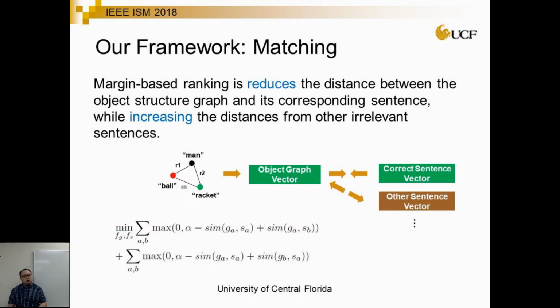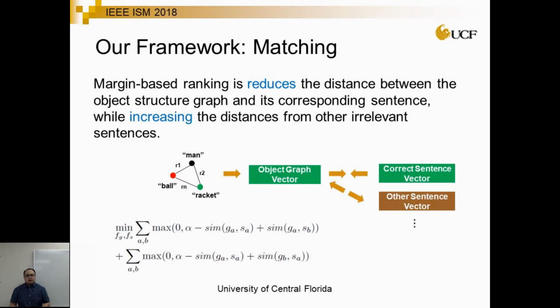For the matching process, we apply the marginal-based ranking loss, which is widely used to match samples from different domains. The motivation is that the matching tries to reduce the distance between the correct pairs, and meanwhile enlarge the distance of the incorrect pairs.